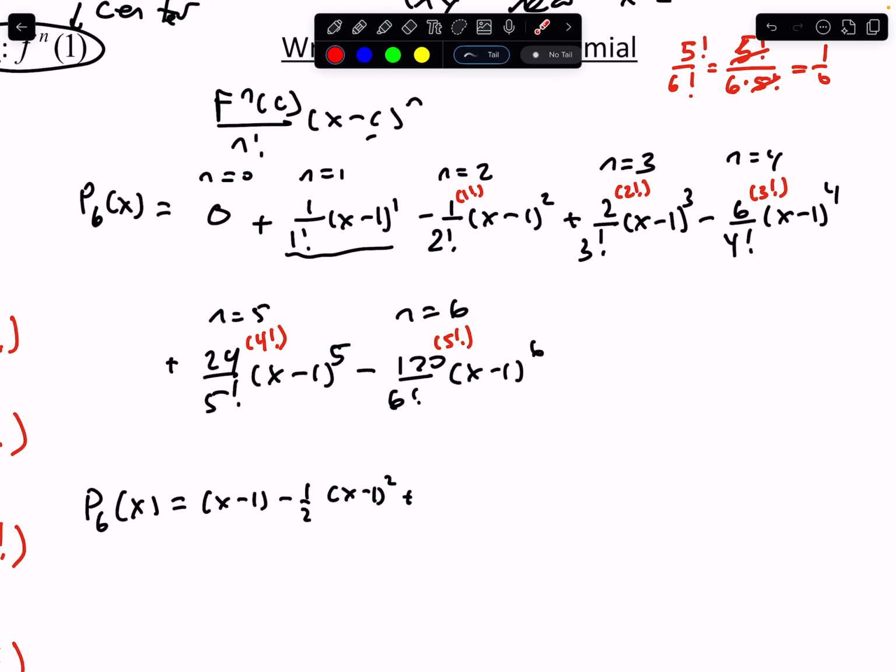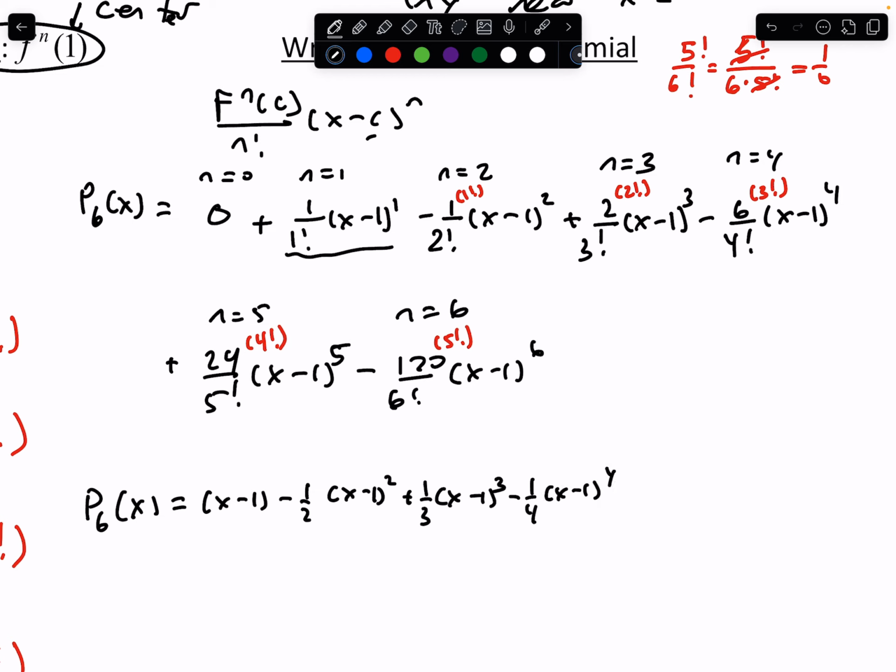Plus 2 factorial over 3 factorial, which is just 1/3, so plus 1/3 x minus 1 cubed. And 3 factorial over 4 factorial reduces to 1/4, so minus 1/4 x minus 1 to the fourth.